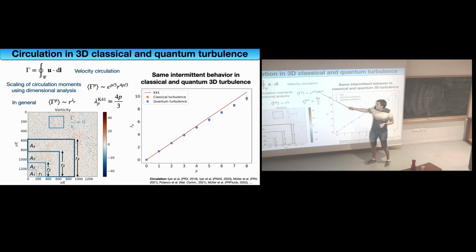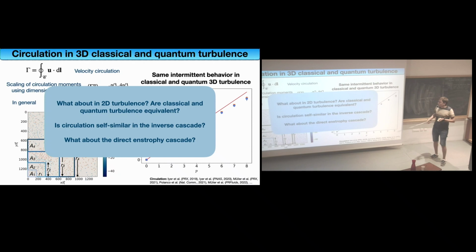And we can also compute the moments of the circulation that, using again the same Kolmogorov 41 idea, present a scaling. In principle, this can present the self-similar scaling, but in general it presents some scaling lambda p. Computing in 3D the circulation around loops of different sizes, we have observed that the intermittency of quantum and classical turbulence are the same.